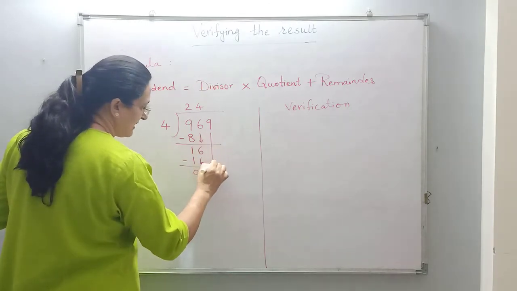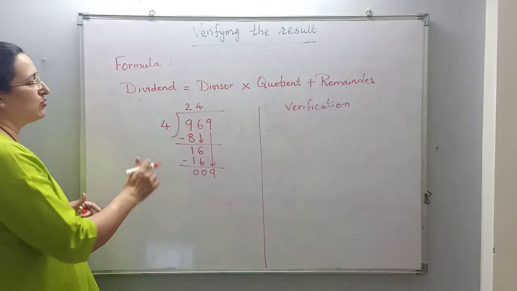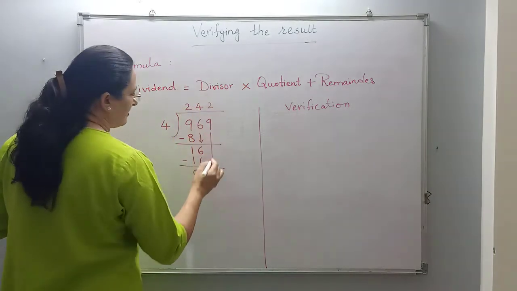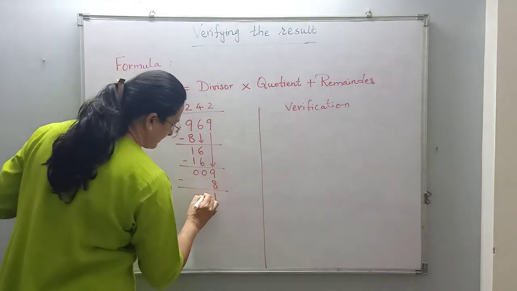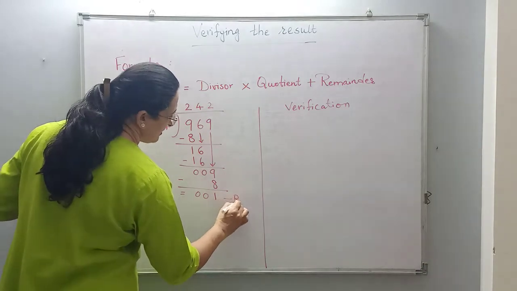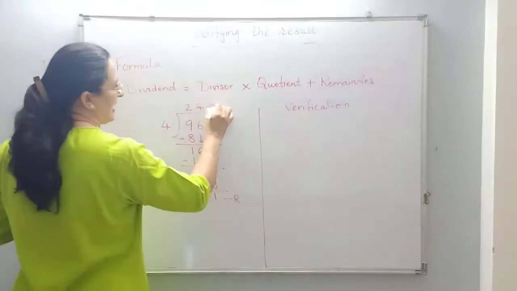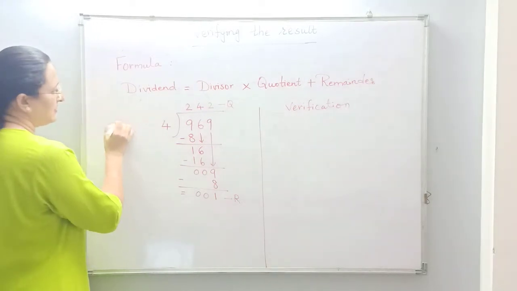Now bring this 9 down. And again we have to go for 4 twos are 8. And here we have got the remainder as 1, and this is our quotient.